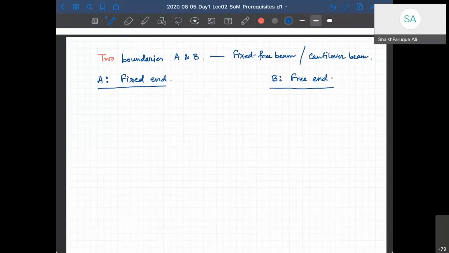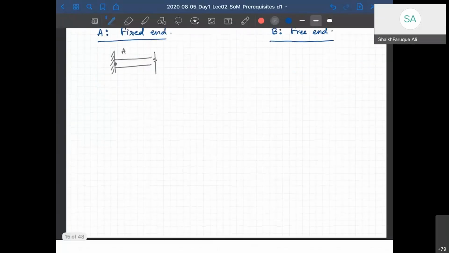All right. Now at the fixed end, what do we get? If you see the fixed end, it's something like this. The beam is fixed at this point A. So what are the conditions I'm getting here? Do you know what is the force acting at that point? You don't know, right? In the beginning, you don't know. You have to solve a few equilibrium equations to know what is the force acting at that point. So we don't know what the force acting at that point is.